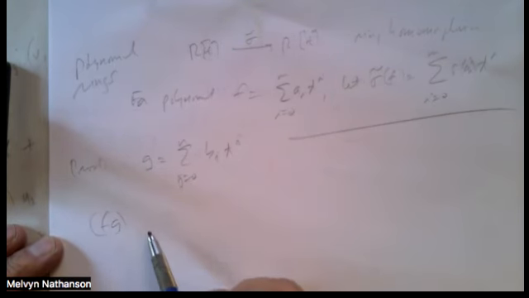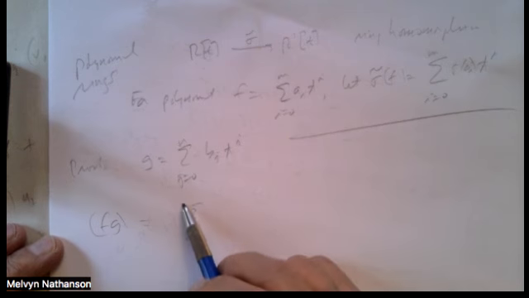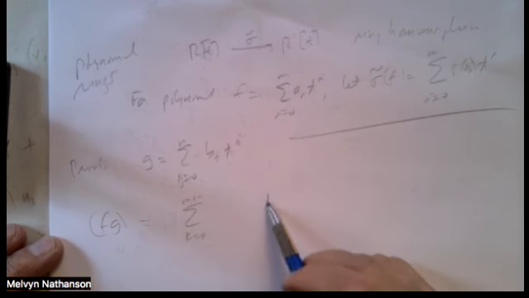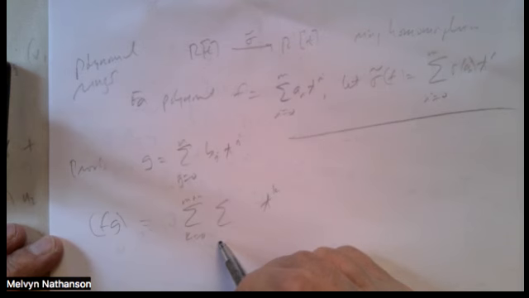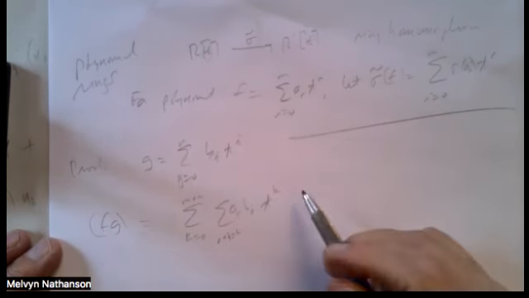If I multiply f times g, that's a sum, k goes from 0 up to m plus n, t to the k, and the coefficient of t to the k, you look at all pairs i and j which add up to k, a_i b_j. That's the product.